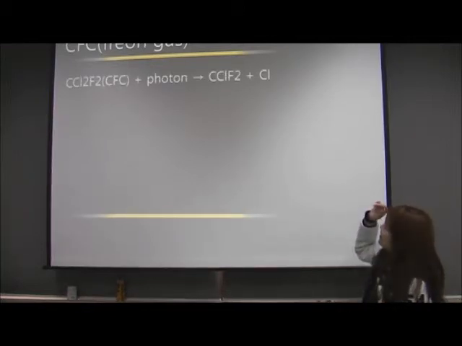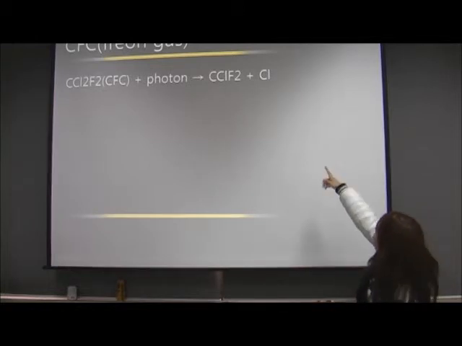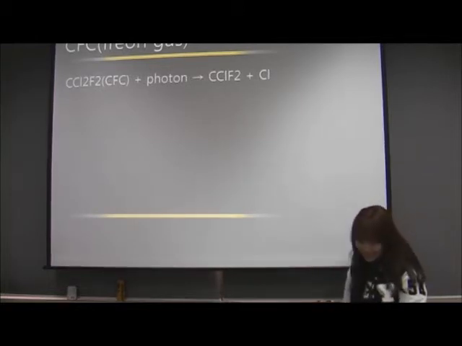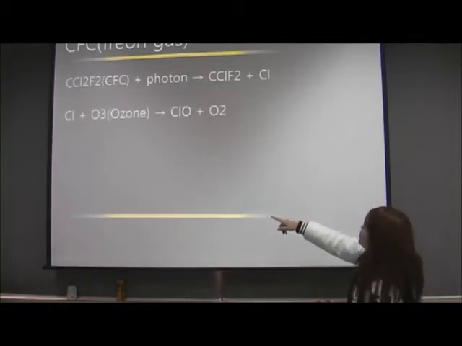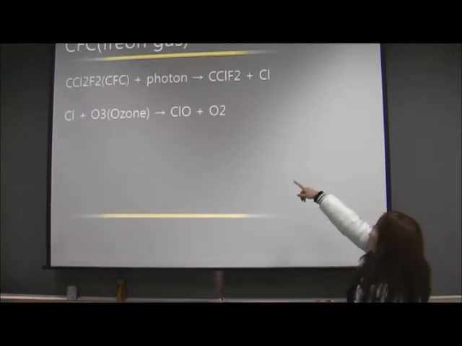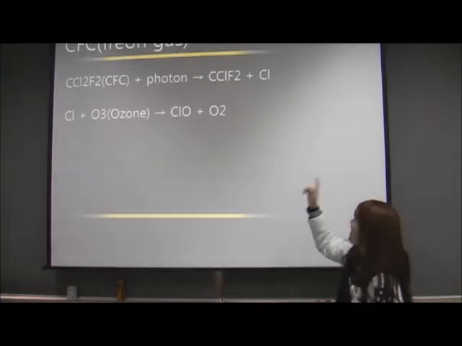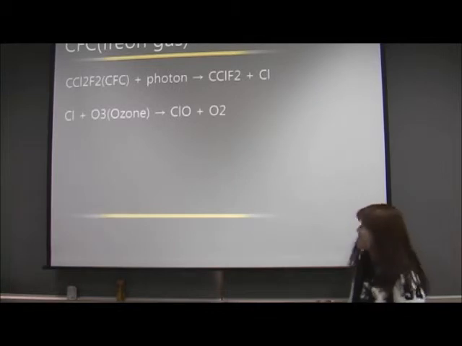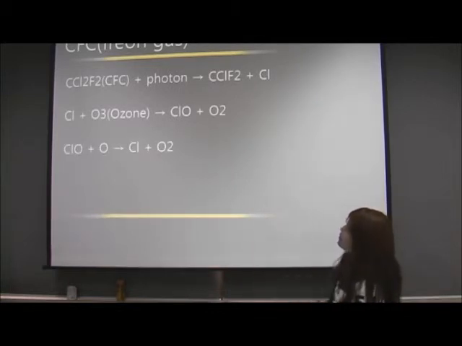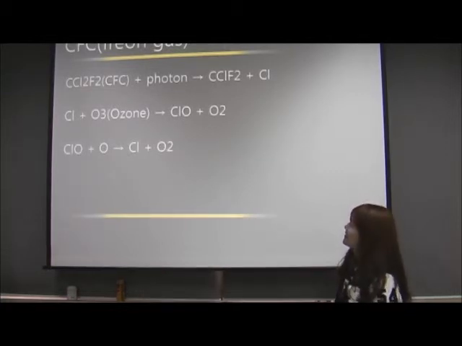Its main cause is CFC, which is also called freon gas. If CFC is exposed to sunlight, it breaks apart, and this chlorine meets ozone, and chlorine monoxide and oxygen appear, and this chlorine monoxide meets an oxygen atom, and chlorine and oxygen appear.